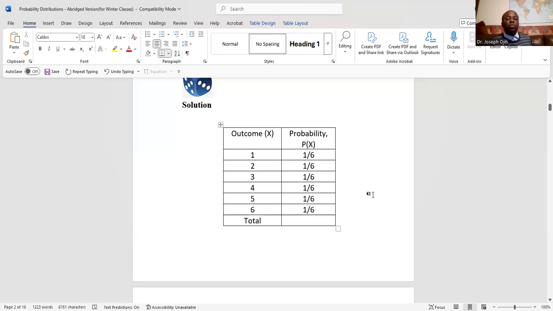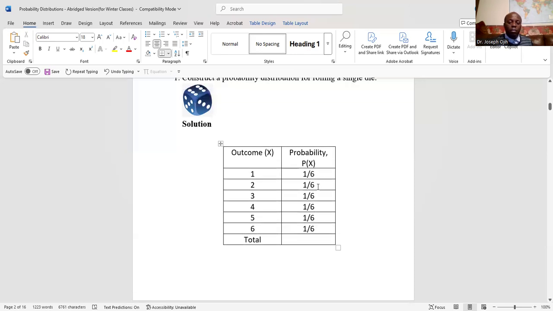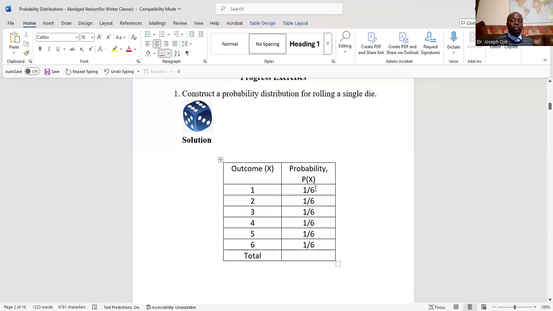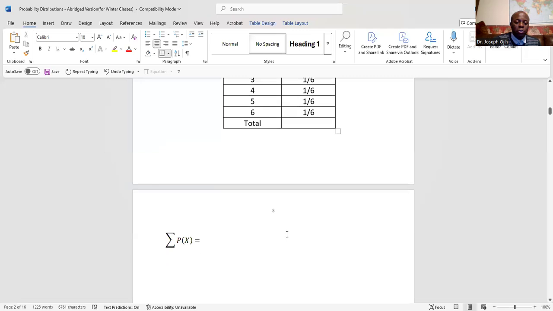Now, with this, you have answered the question: the outcomes and their corresponding probabilities. That's it. Any question on this? It's easy, I believe. So let's proceed to the next one.